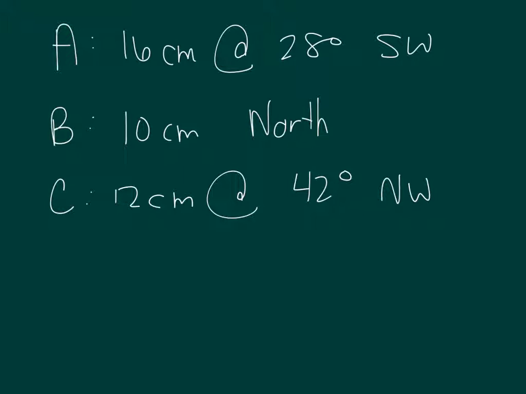What is 16 centimeters at an angle of 28 degrees southwest? Just sketch it. Then sketch from there the ant going 10 centimeters north. Then sketch the ant's motion for 12 centimeters at an angle of 42 degrees northwest. Again, these are sketches. They're not exact. But they should be relatively close. For example, your 16 centimeter length should be longer than your 12 centimeter length.